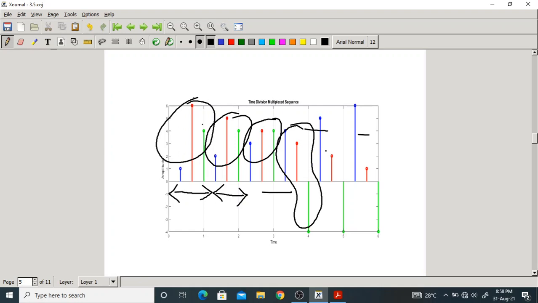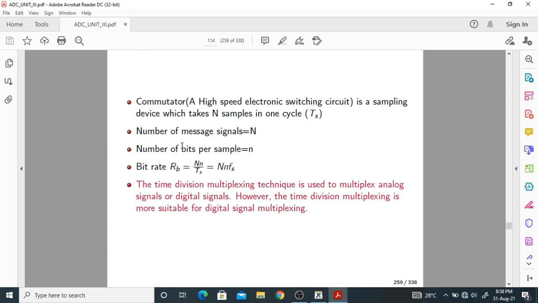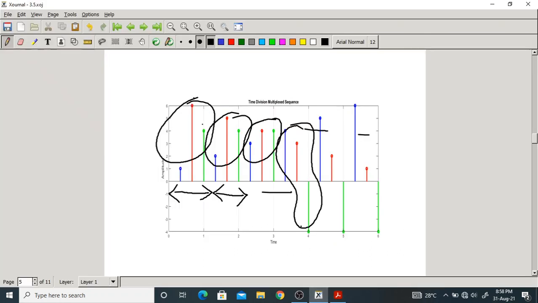By the time it completes one rotation, it collects one sample from each signal. It completes one cycle in every TS seconds, which means in every TS seconds we are transmitting 3 samples.